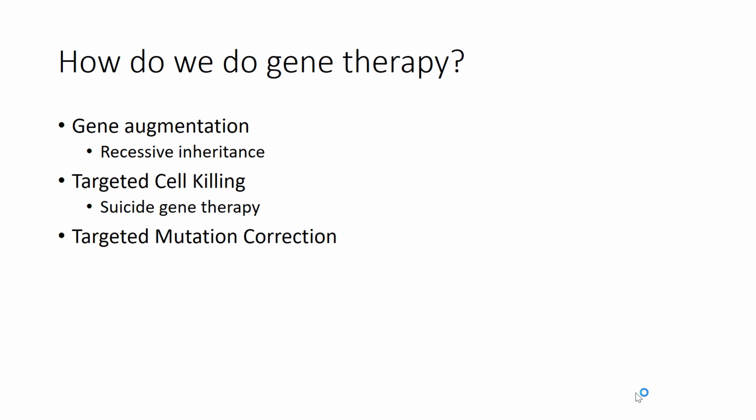The last one is targeted mutation correction, and this is where you have a genetic illness that has a dominant inheritance. So all you need is one version of that allele in order to have whatever that genetic illness is. And so you can't just put in the proper form of that gene, because whatever this is expressing is masking the wild type.